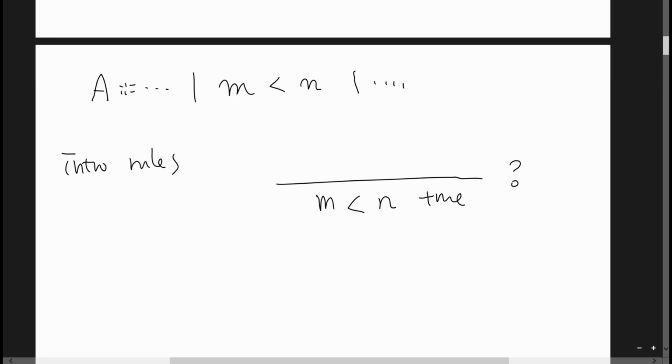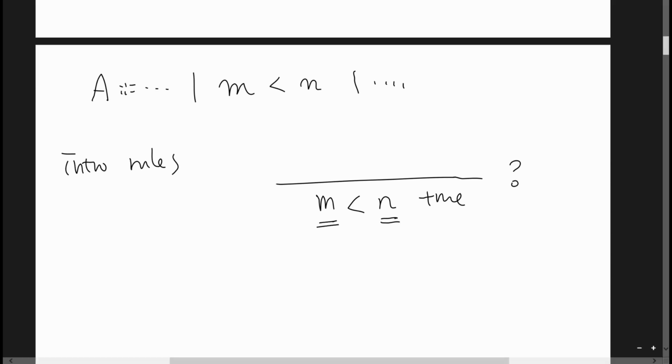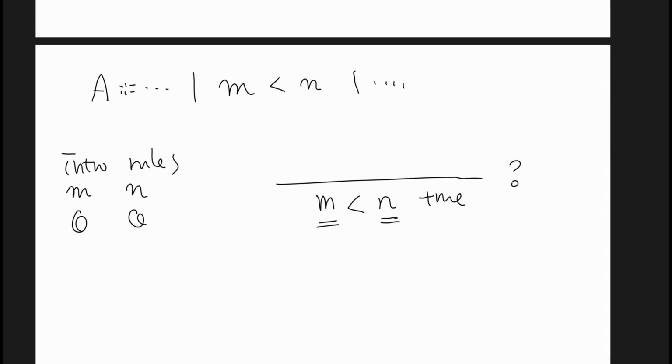That's what these introduction rules are about. So we can think of 4 combinations of terms m and n. The first is m, the second is n. So we can think of 4 different combinations.